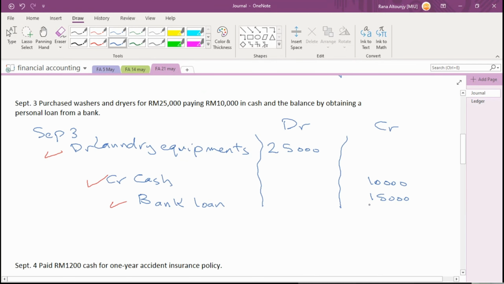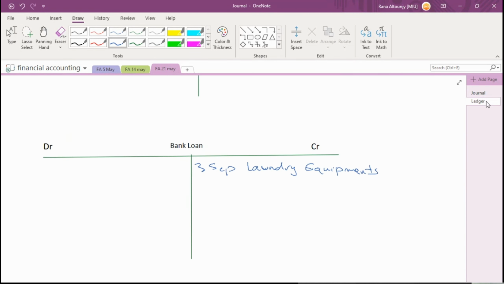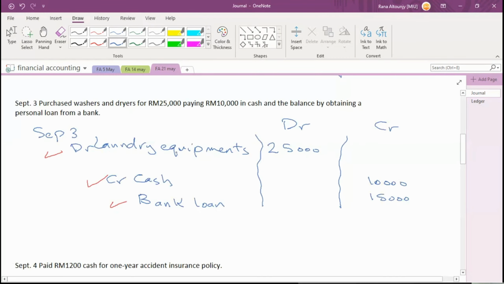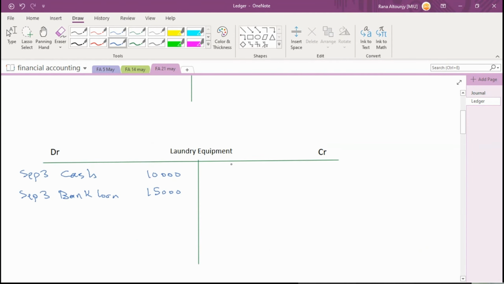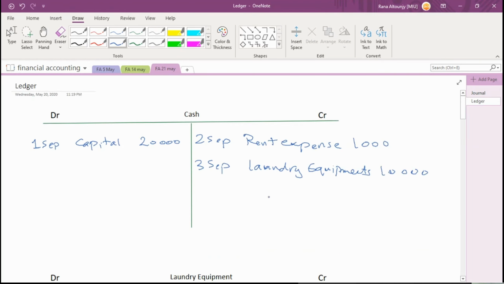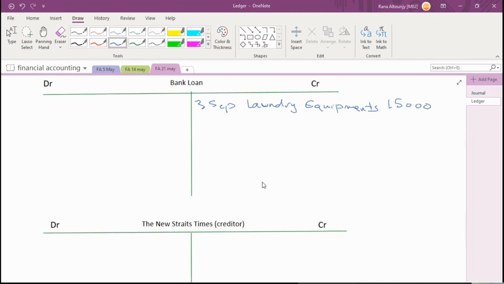We put only the part related to the bank loan, which is 15,000. Like this, we transfer this transaction to the ledger. You see, we put it in the bank loan T account, the laundry equipment T account, and the cash T account.